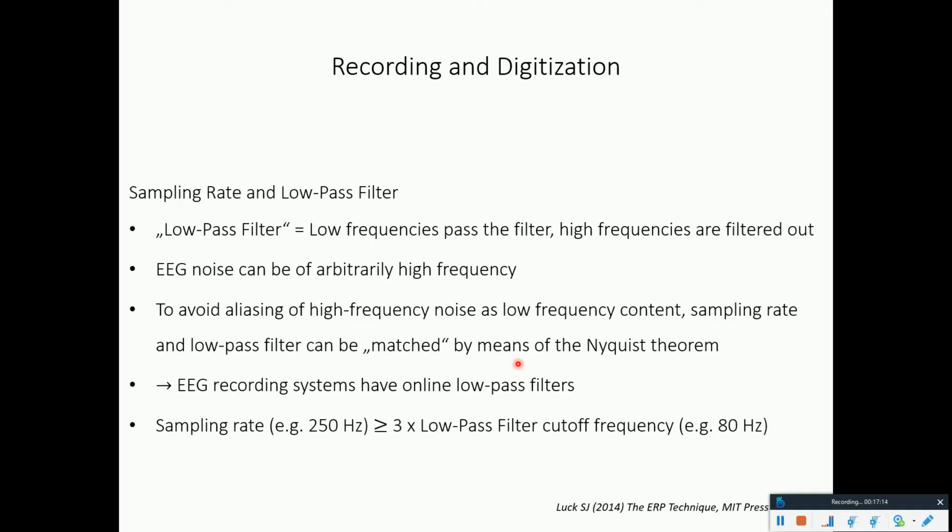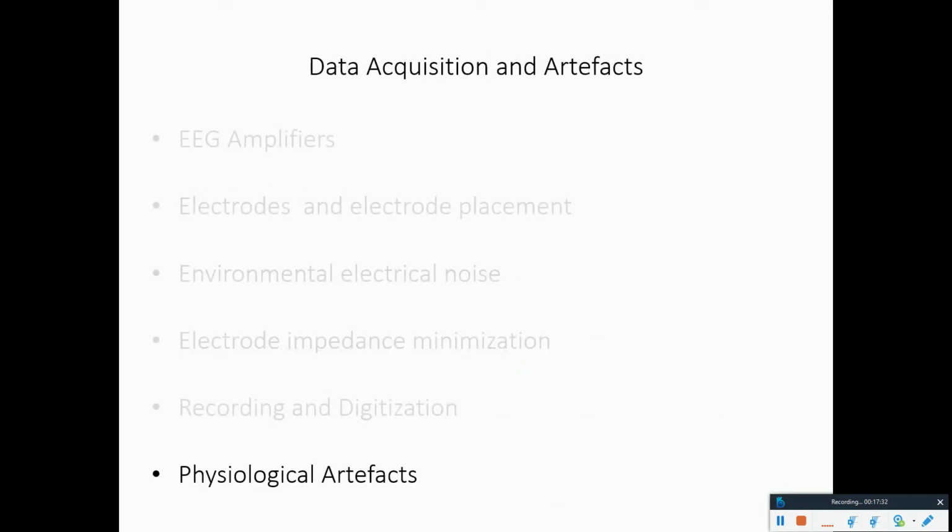It's again not something that you need to worry about when you do your first EEG experiment, because you can look into the EEG recording setup manual, and it will say, okay, we recommend a low-pass filter of this and this during recording, and you use these sampling frequencies and things are fine. Yeah. Good.